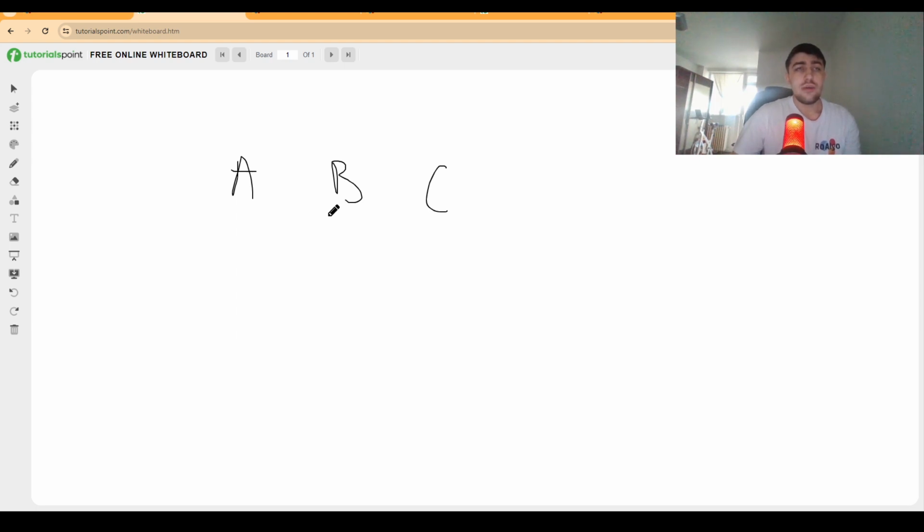If we kill this monster, then A and C will become adjacent. So we can now rewrite this array as A, C, and everything else.